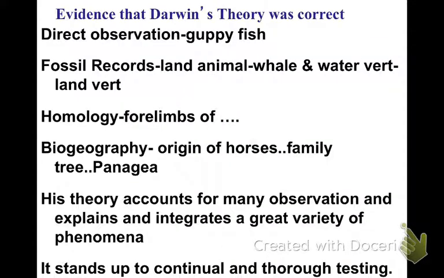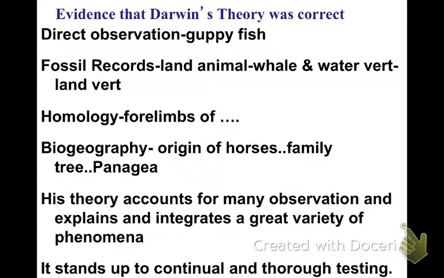Okay, so the evidence that Darwin's theory was correct was provided by direct observation. The example was guppy fish. You must remember that. Fossil records, wherein we talked about how whales, land vertebrates and water vertebrates were put together, and you find out whose ancestors they were, how they moved on to the water and who was the closest ancestor on land.